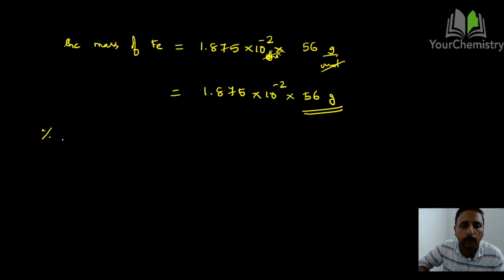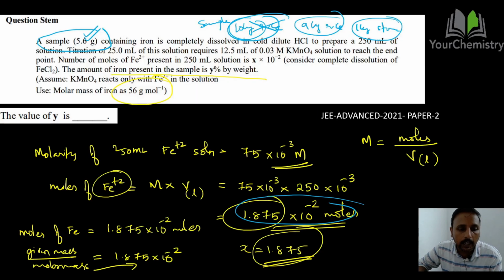So we need to find out the percentage by weight out of 5.6. Here, what is the percentage of rice? Out of 10, how much rice? 9. So 9 by 10, 90%, right?